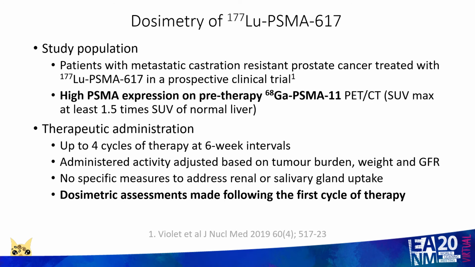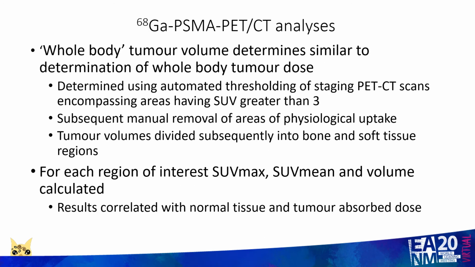Dosimetric assessments were made following the first cycle of therapy. In addition to determining whole body tumour absorbed dose, we also were interested in whole body tumour volume determined on the staging gallium PSMA PET scan, and we determined this using a similar thresholding to that used in determining whole body dosimetry, with removal of physiological areas of uptake.